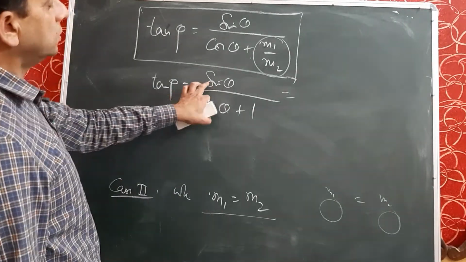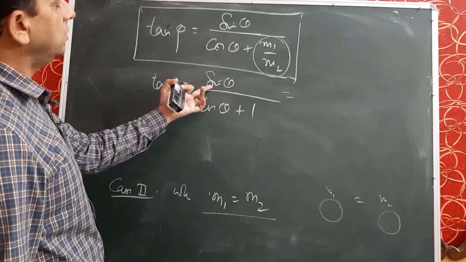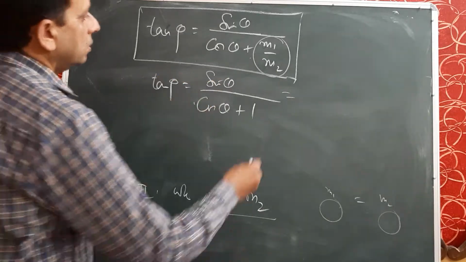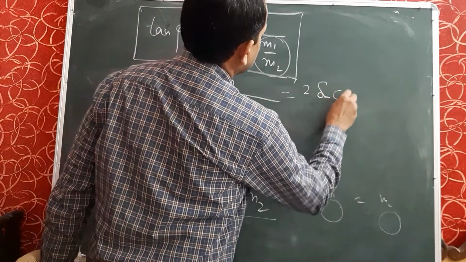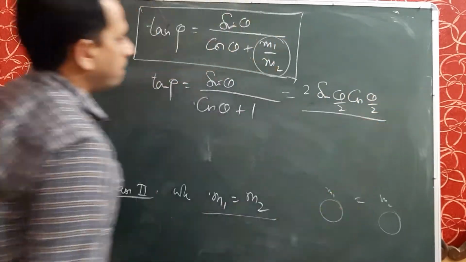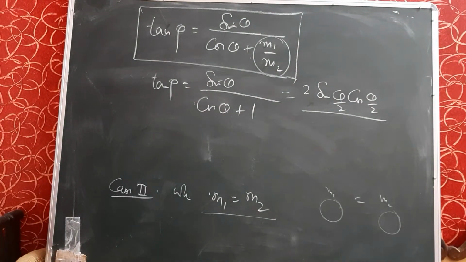You know that sin theta we will consider as sin 2 times theta by 2, that is sin twice theta by 2. So it is 2 sin theta by 2 cos theta by 2. This is the half angle or twice angle formula.